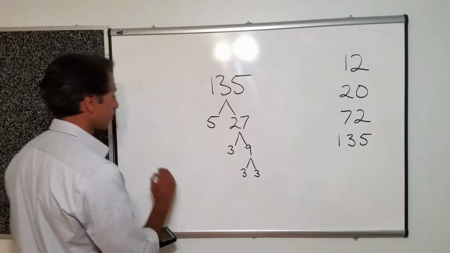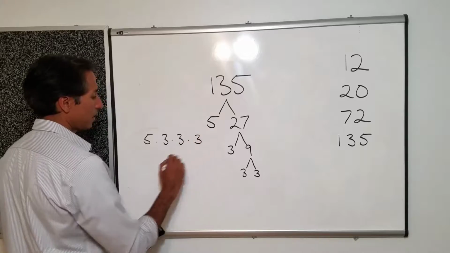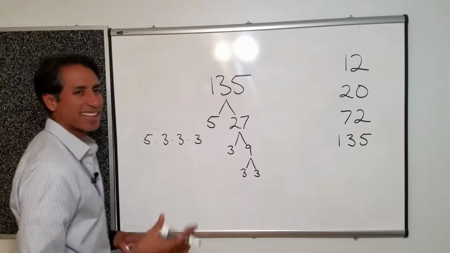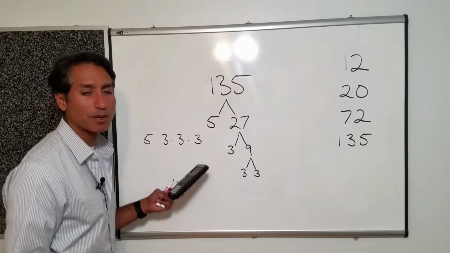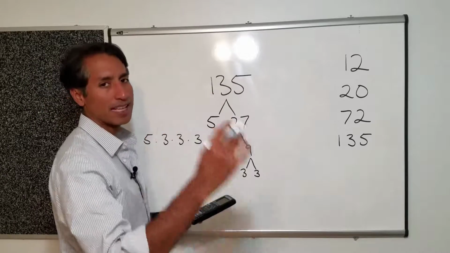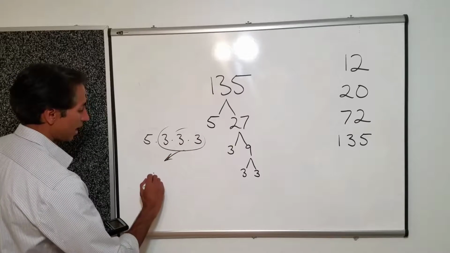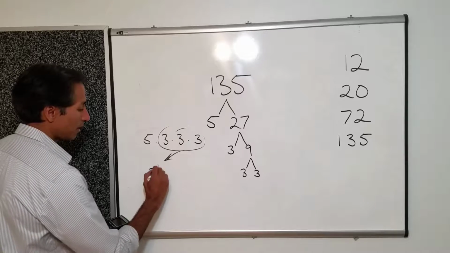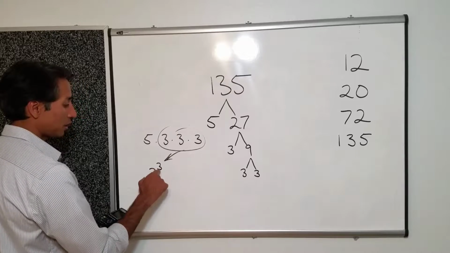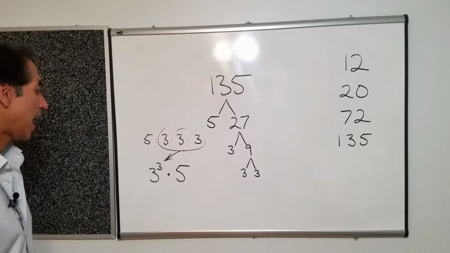So my factors are 5 times 3 times 3 times 3, or now I guess let me put them in the right order because there are books that will say, put the smallest numbers first and move up in ascending order. So let me move this guy to the front and just say, instead of doing 3 times 3 times 3, I could do 3 to the third, right? Because there's 3 3's, times 5, and leave it at that.